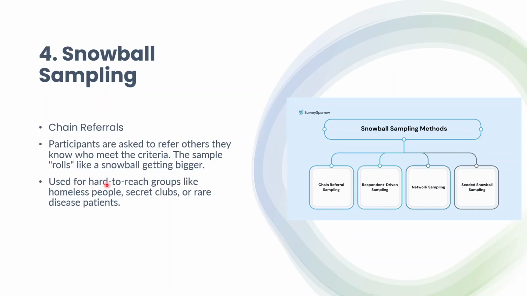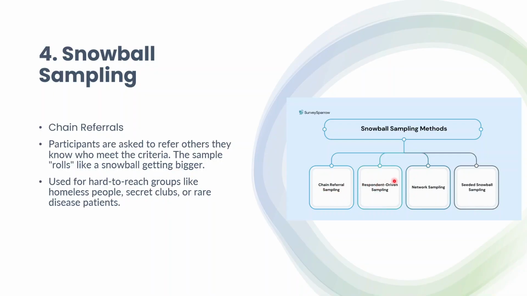This is used for hard to reach groups like homeless people, secret clubs, or rare disease patients, where we will not get the exact data about the entire population. Under such situations, we prefer using snowball sampling. In snowball sampling, we have different methods. One is chain referral sampling.